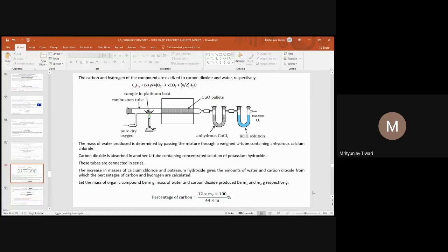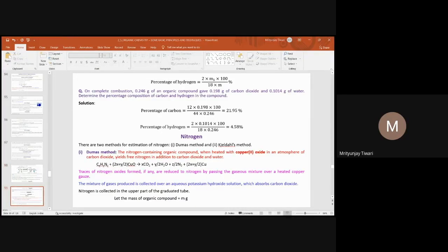Let us now take a numerical problem based on what we have learned just now. On complete combustion of 0.246 gram of an organic compound, we obtain 0.198 gram of carbon dioxide and 0.1014 gram of water. Determine the percentage composition of carbon and hydrogen in the compound.